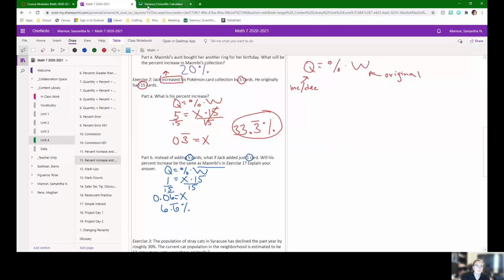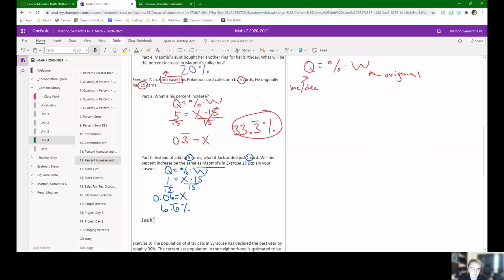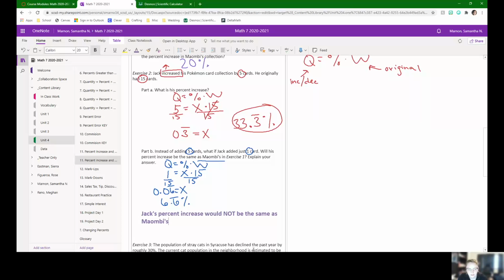So there's a couple of different ways we can phrase this. So we can say it is not the same. So Jack's percent increase would not be the same as Mounby's. So you can reference your work explicitly or you can reason it out.